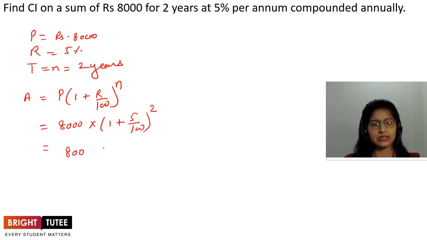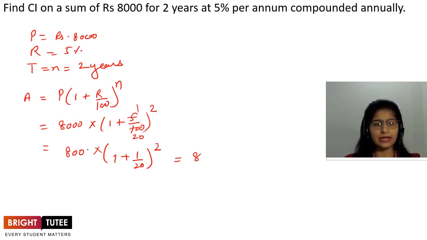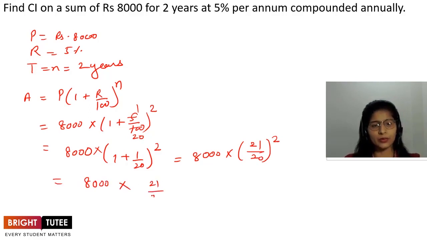So 8,000 into, cancel it, 5 ones are 5, 5 twos are 10, 20, so 1 plus 1 upon 20, to the power 2. It will become 8,000 into (1 plus 1 upon 20). If you take 20 as the LCM, you will get (21 upon 20) to the power 2. So we will solve it: 8,000 into 21 upon 20 into 21 upon 20.